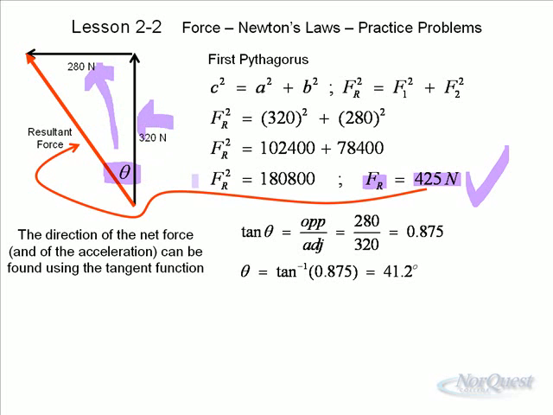And, of course, opposite over adjacent is the tangent function. So 280 divided by 320. And if you find the actual angle itself, it's 41.2 degrees. So we know the magnitude of the force, and we also know the direction of the force. So the direction is 41.2 degrees west of north.